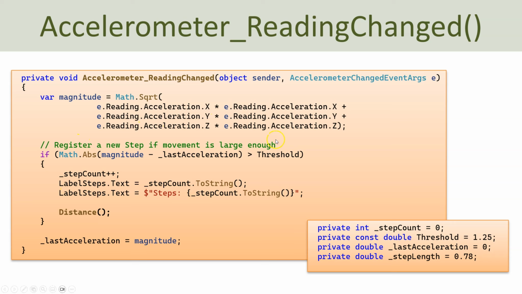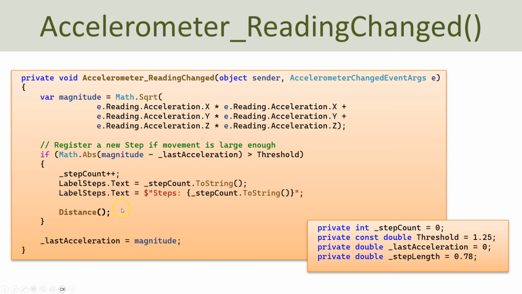And then we can include some kind of threshold to register a new step if the movement is large enough. So we can basically use the accelerometer sensor with some basic formulas and logic to register the number of steps.